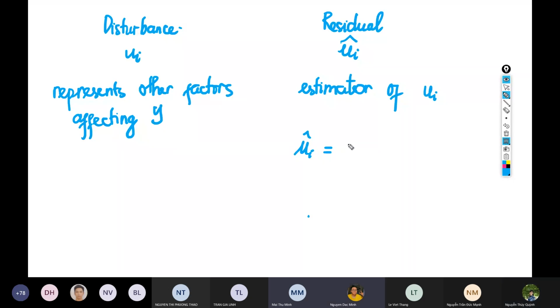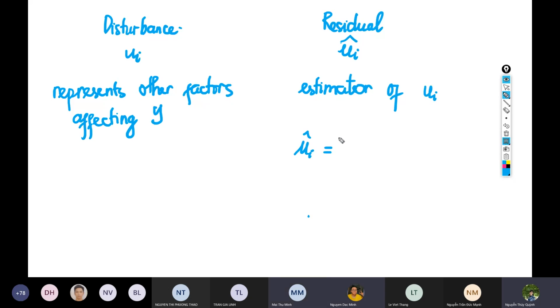No. Between the sample mean and the observed value. Why? You have y i hat. That is the fitted value of y.